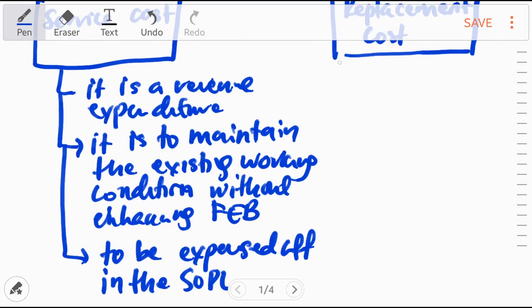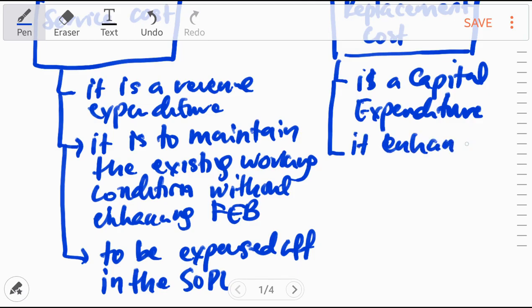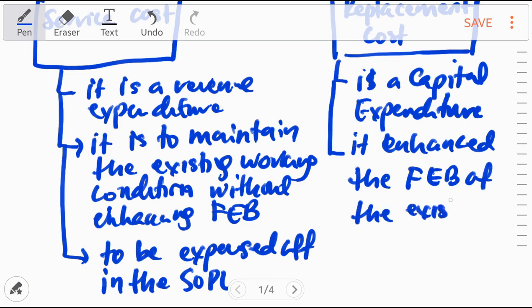Whereas for replacement costs, it is capital expenditure. Why is it a capital expenditure? It was capable of enhancing the future economic benefits of the existing machine.